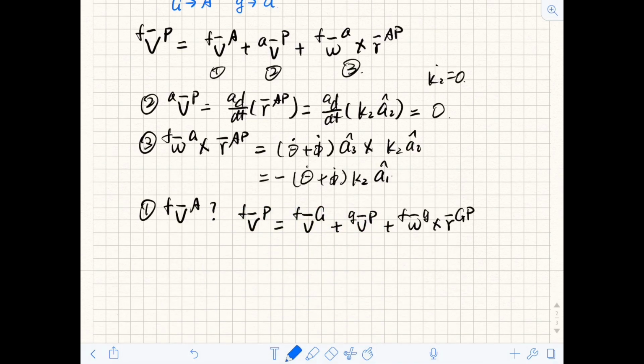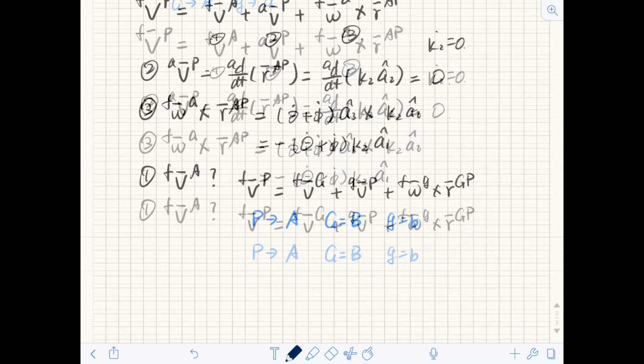Now this time we have to replace point P with A, and G is the rotating frame, which in this case is really B. So we have to replace both the capital case G and small case g with B's.